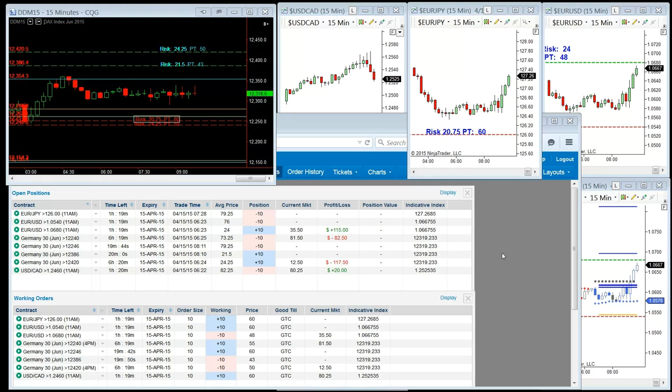Now, I'm hoping that the euro reaches up for this blue line here. That's an indicator, okay? I'm hoping it does. It might.